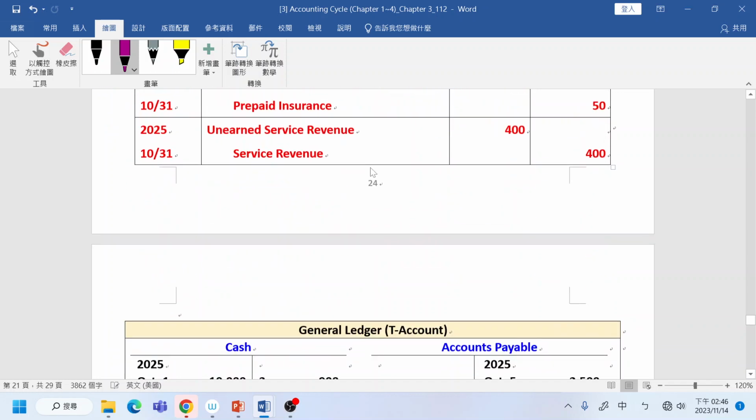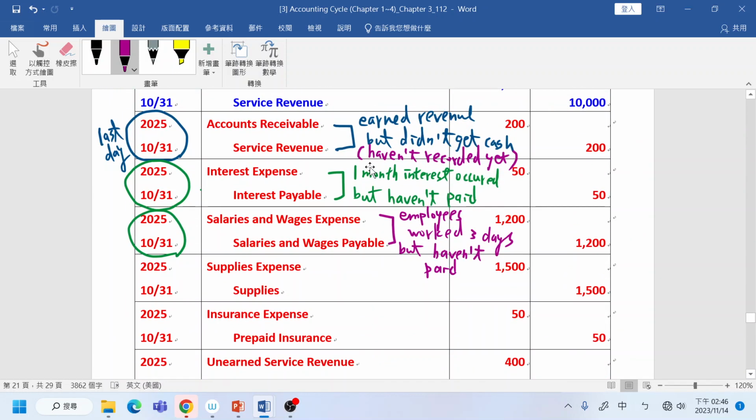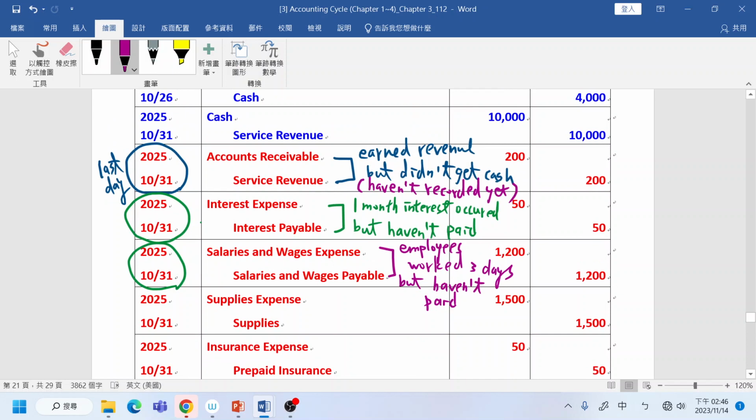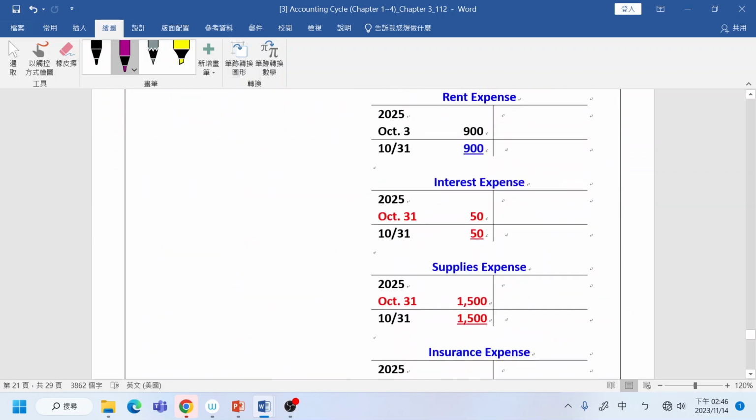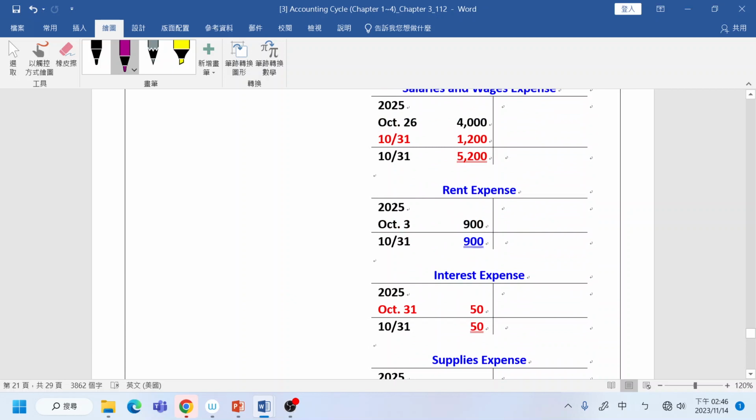So, what's transaction 2? Interest expense. Interest expense, debit. Interest payable, credit. So let's go to interest expense on your page 26. Did you find it? Page 26, here on the last day, we have 1 month interest. Also, did you pay?